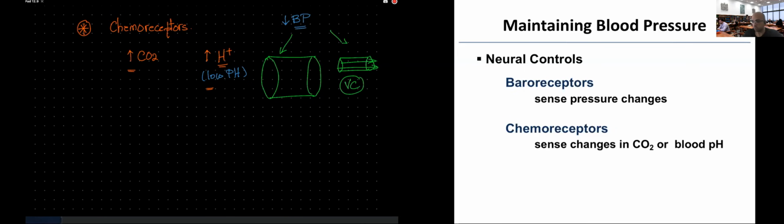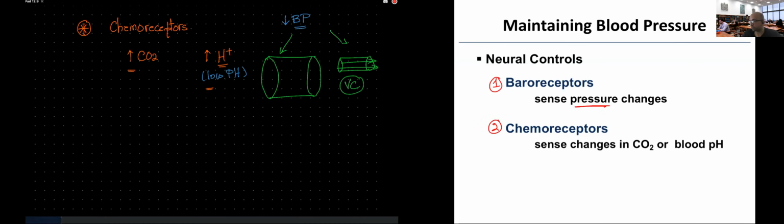So again, what are the two neural controls that we do have? We rely on two types of receptors. Those are the baroreceptors, which are detecting the degree of stretch to the wall of the arteries. And accordingly, they will decide whether you do have an increase or decrease in the blood pressure.